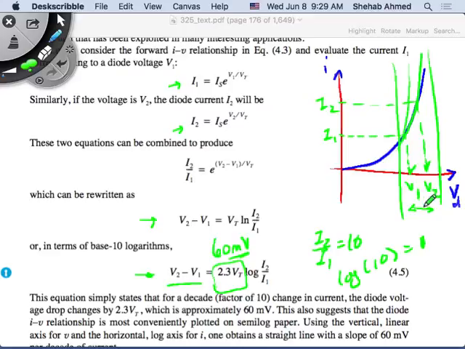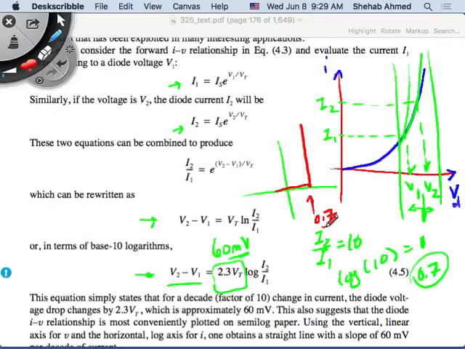If V1 or V2 happens to be 0.7 volts, if one of them happens to be 0.7 volts, then fine, it doesn't matter. The other one is 0.7 plus 30 millivolts or minus 30 millivolts. I'm just trying to prove to you that this exponential model is very close to the fixed forward voltage model, right? In the fixed forward voltage model, we assumed a fixed voltage across the diode.